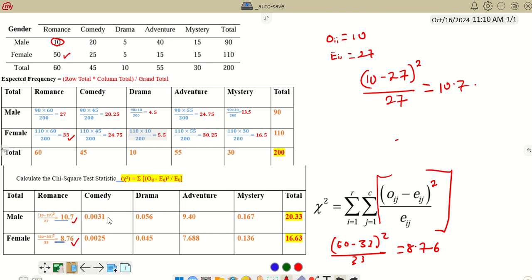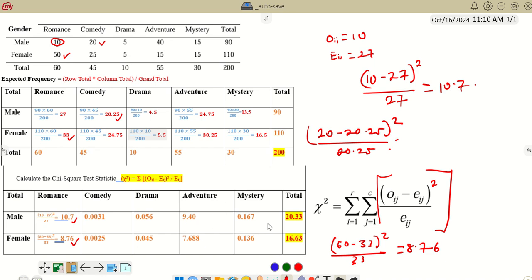So when you take, for example, this one, observed is this, expected is this. So it's going to be observed minus expected, then you square it. Observed minus expected, which is 20 minus 20.25. You square it. Then you divide by the expected, which is 20.25. So you do that for all the cells.